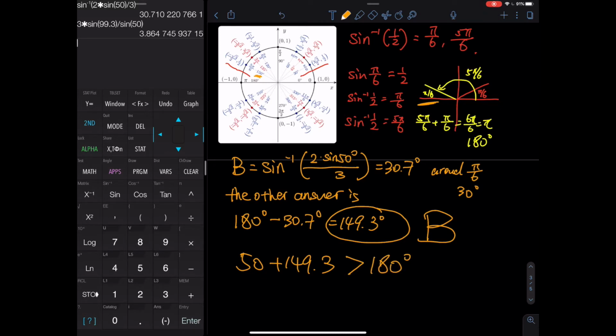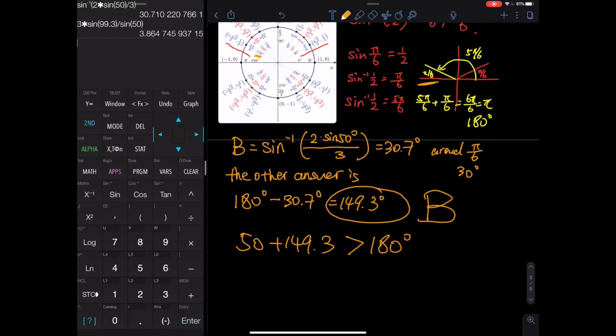There is no room to fit angle C. So that means this angle B right here is not possible. Because if you fit this into the triangle, the sum of A and B is already more than 180 degrees. So there is no room to fit C, right? If C equals some degree, like 1 degree, we already exceed 180 degrees. So the shape that we have is no longer a triangle, right?